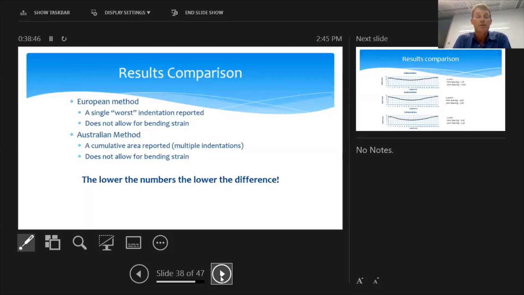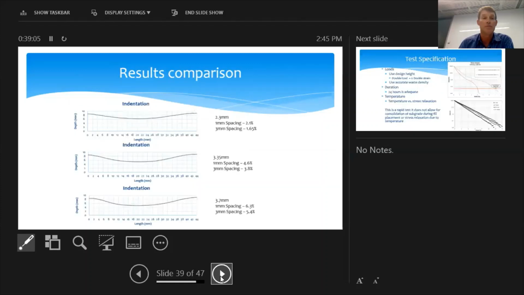One thing is clear with all of this: the lower the numbers, the lower the differences between these methods. So when we're talking about 16% strain, there are big differences between the European and Australian methods. As you get down to less than 1% strains, there is negligible difference between the two methods.